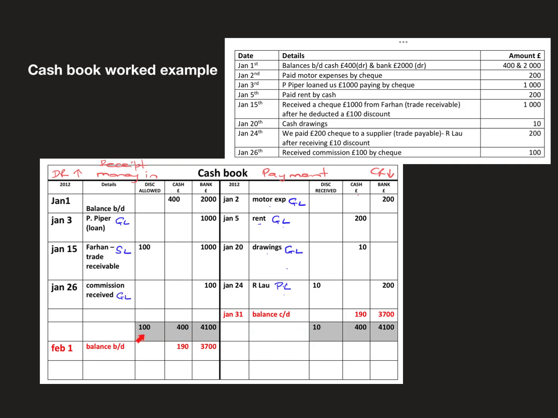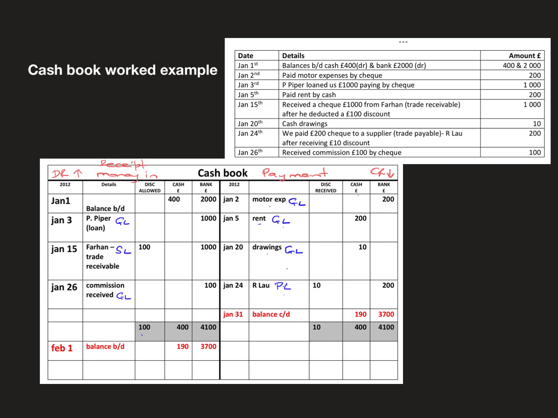There's no balancing off, because you then need to create the debits and credits. So on their own, you will have to create your debits and credits for these. And I'll show you how this is done in a few minutes.